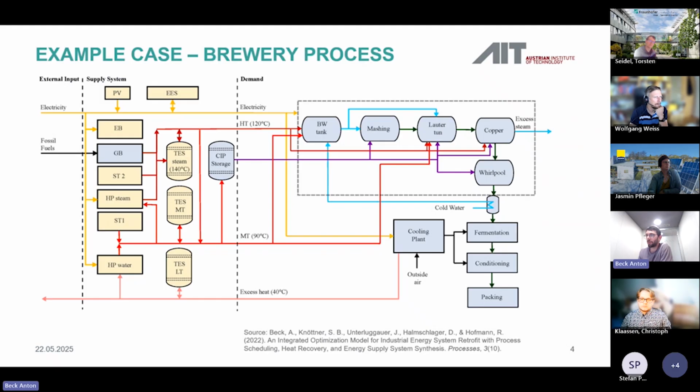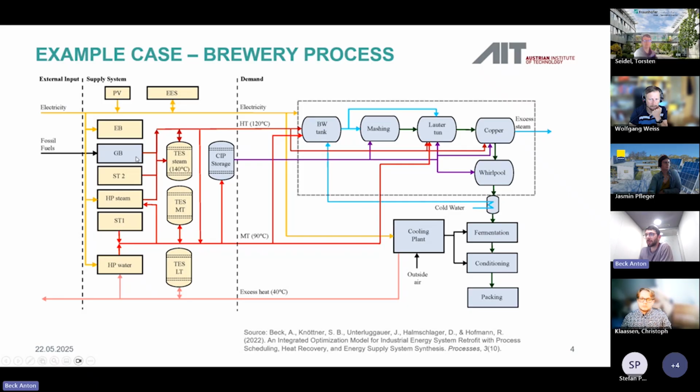So typically we have 3 layers that we model. We have an input side where we get energy in different forms from the grid usually, or in the case of district heating, we can also supply heat to those systems. Then we have the local energy system.